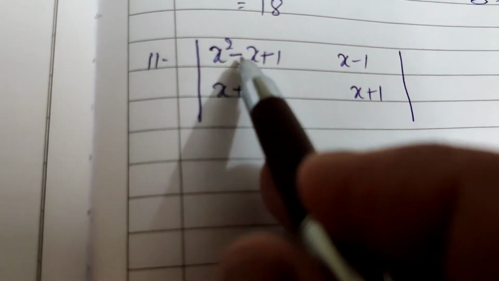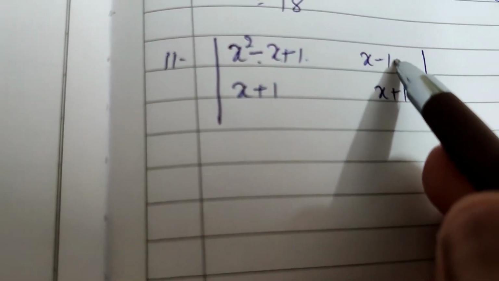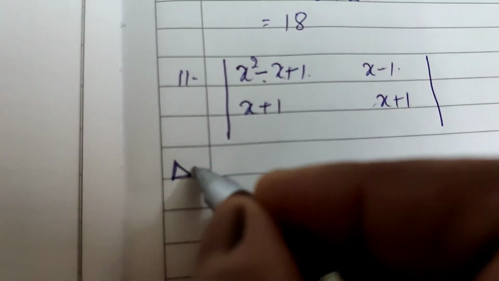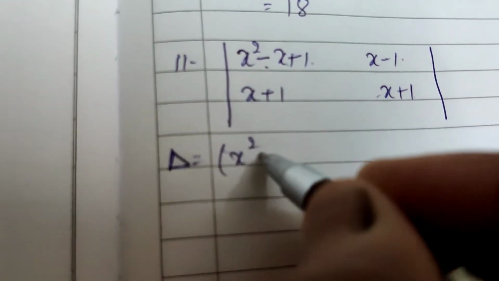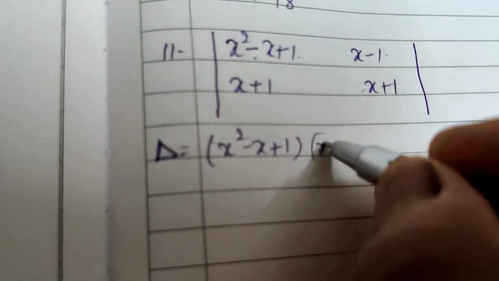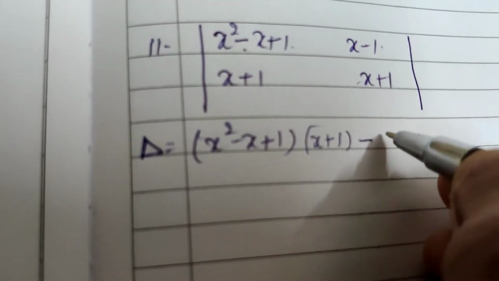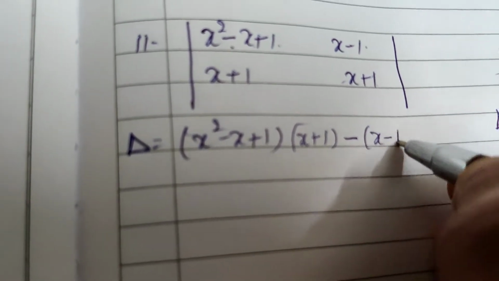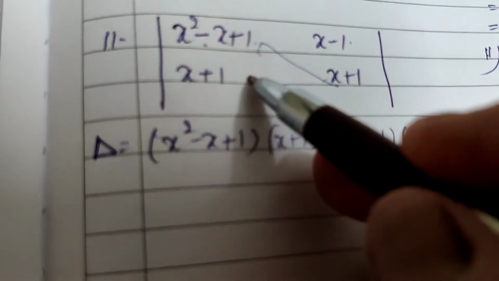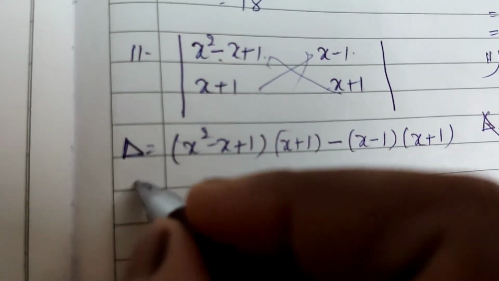Second is x square minus x plus 1, x minus 1, and x plus 1, x plus 1. The value of the determinant equals x square minus x plus 1 multiplied by x plus 1, minus x minus 1 multiplied by x plus 1. Cross multiply like this. Now multiply.